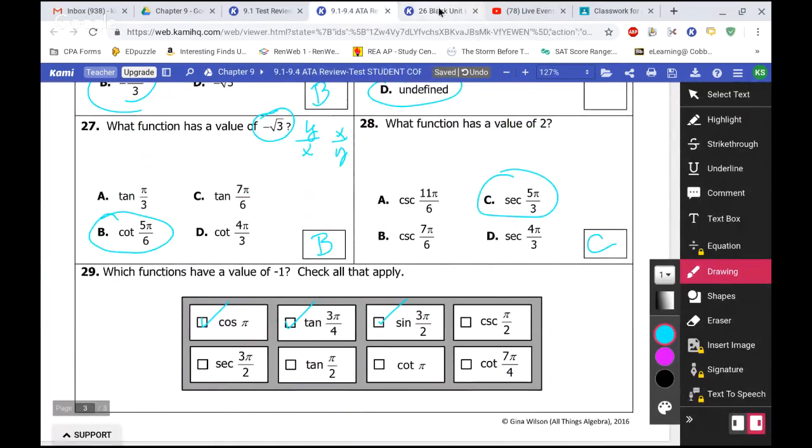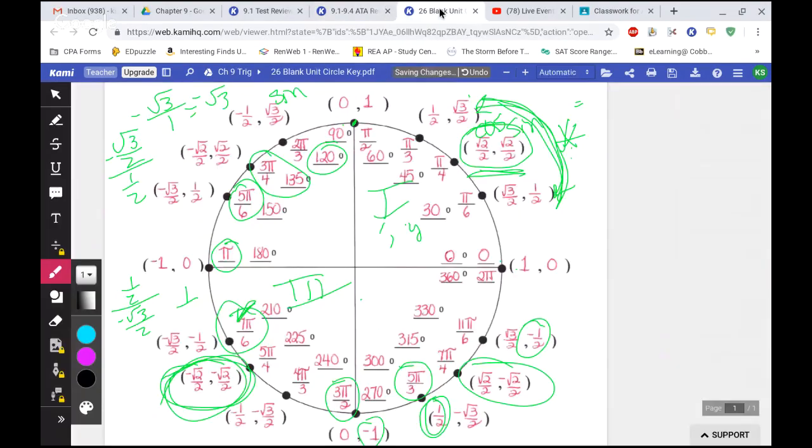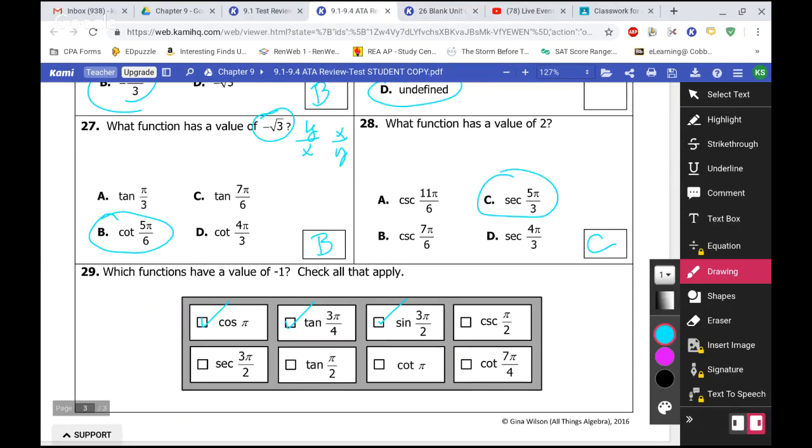Cosecant pi over 2. So that's up here. And cosecant is 1. No, actually. Cosecant is 1 over sine, right? Is that right? I have no idea. Yes, 1 over sine. So that does not work.